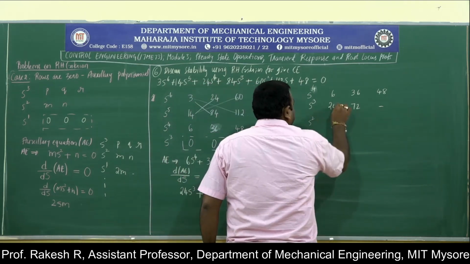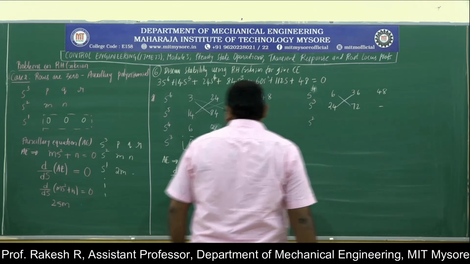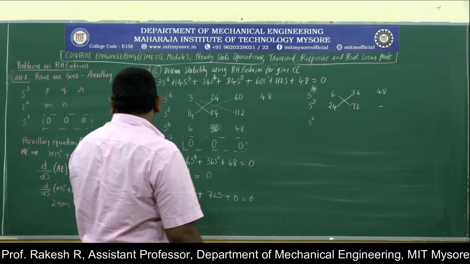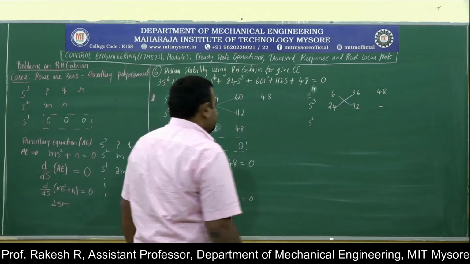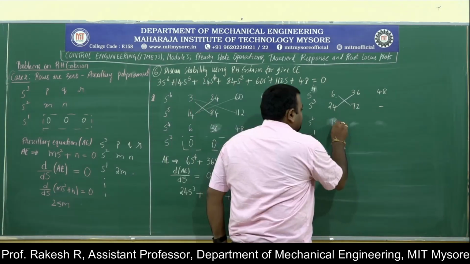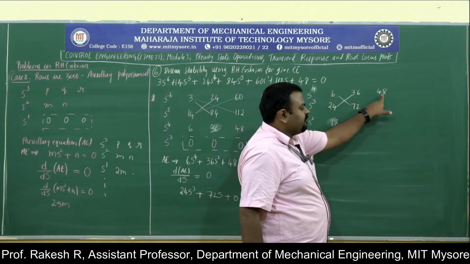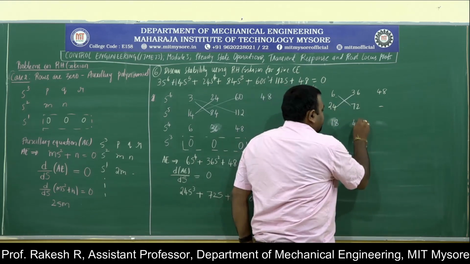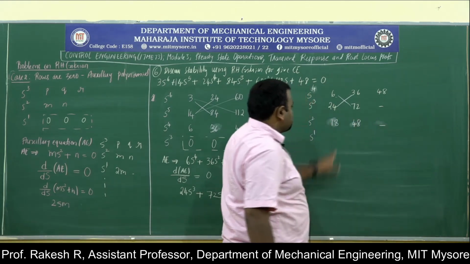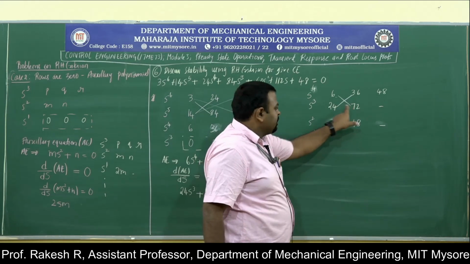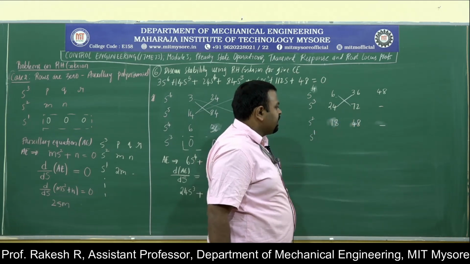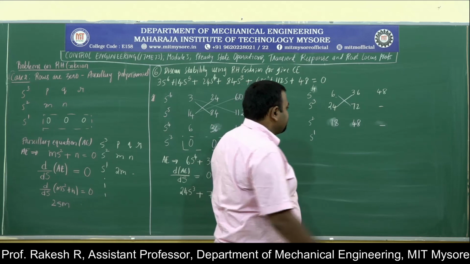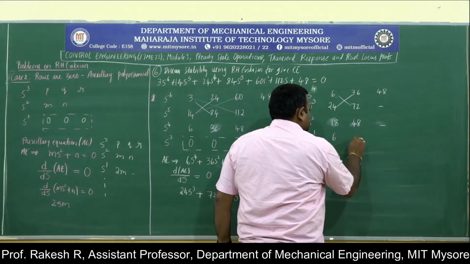Similarly, s squared is (24 into 36 minus 6 into 72) divided by 24. It comes to around 18. And (24 into 48 minus 0) divided by 24 will be 48. Then for the next row, (18 into 72 minus 24 into 48) divided by 18 will be around 6.